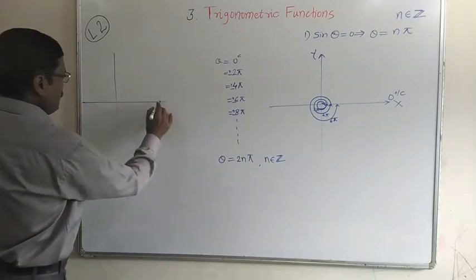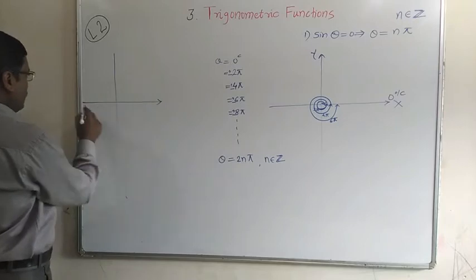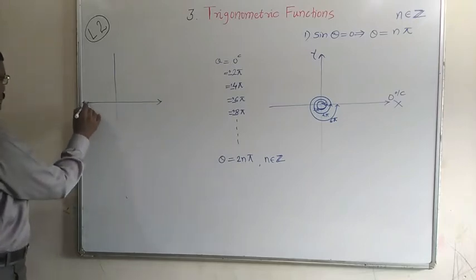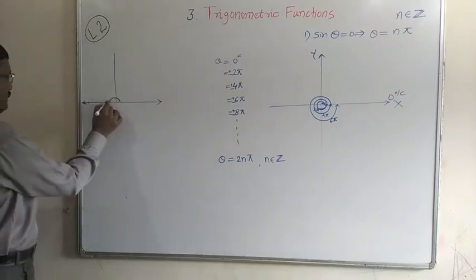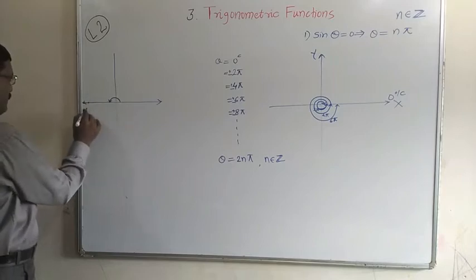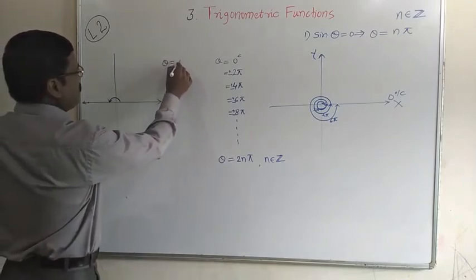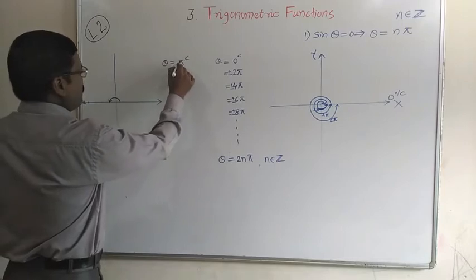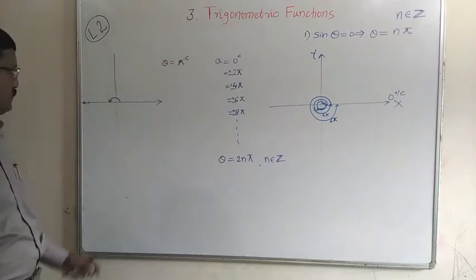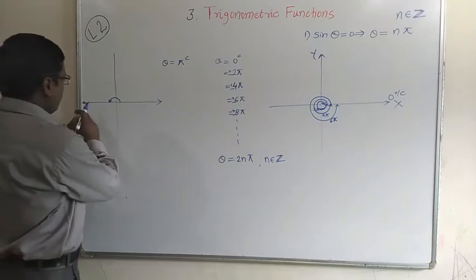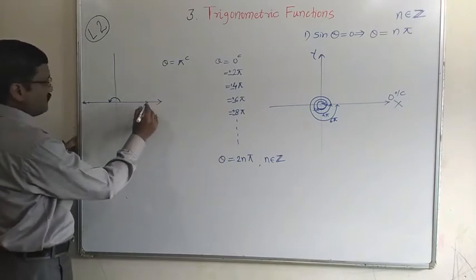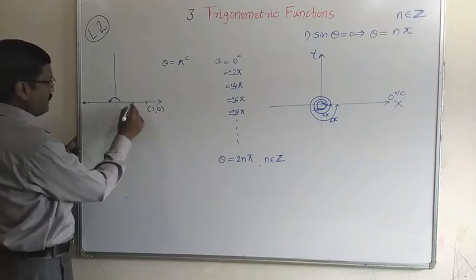also we know that this trigonometric function sin theta is 0 when the angle is pi. When theta is equal to pi radian, then sin pi is also 0, because it is very easy to remember: take a point at a distance 1.